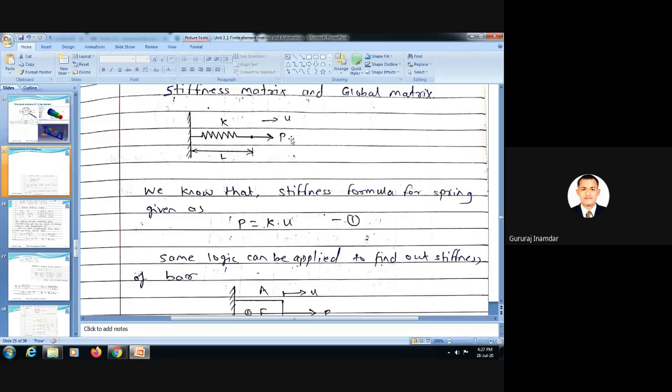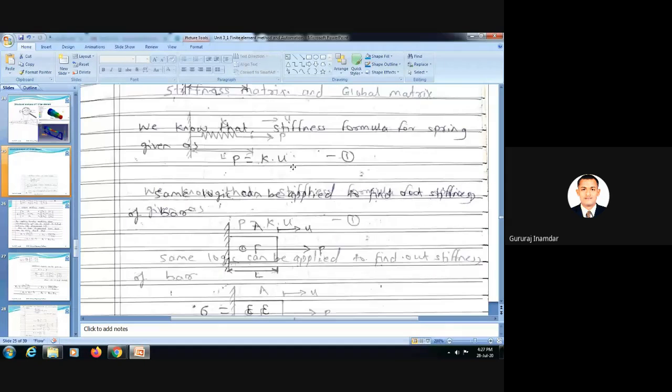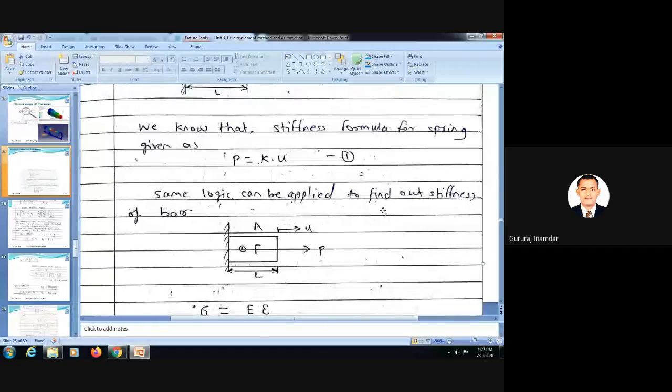For that entire geometry, two nodes we have taken. Now the same for the bar element: we have taken one bar element which has one node at the first end and one node at the fixed end.